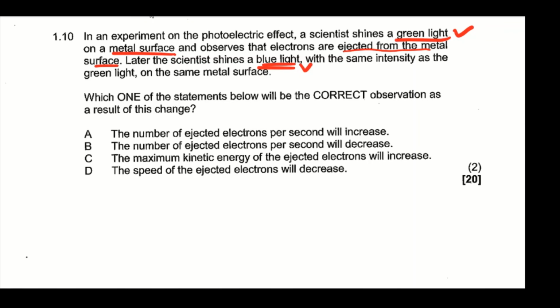So how can we analyze this? We need to know the visible light spectrum and the wavelengths. You don't really have to memorize them, but you need to know that if this is the blue light and it goes up to the red light, does the wavelength increase or decrease going in that direction?